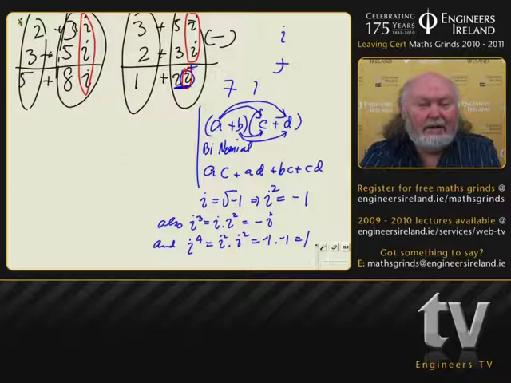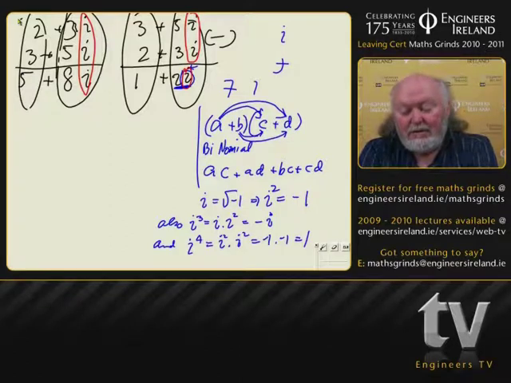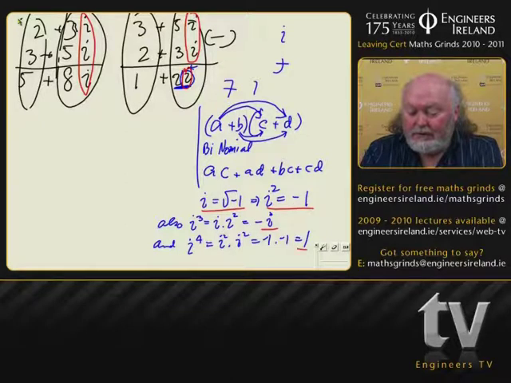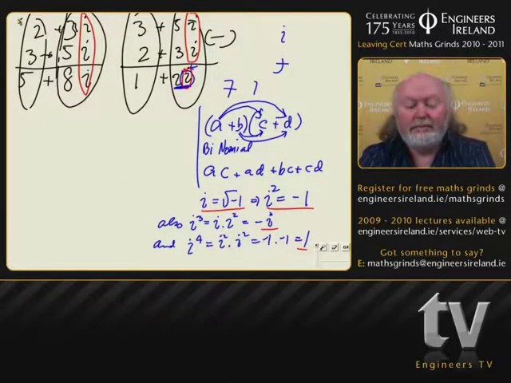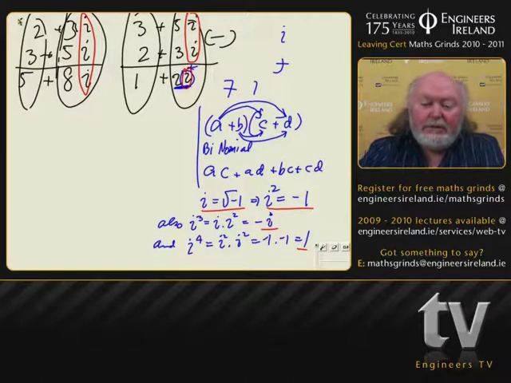Now obviously i to the 5 just starts the cycle again. It's 1 by i, so it's i. There's only these 4 that we're looking at. The i is this, the i squared is that, the i cubed is this, and the i to the 4 is just 1. Once we keep that in mind, it's very easy to multiply these numbers.